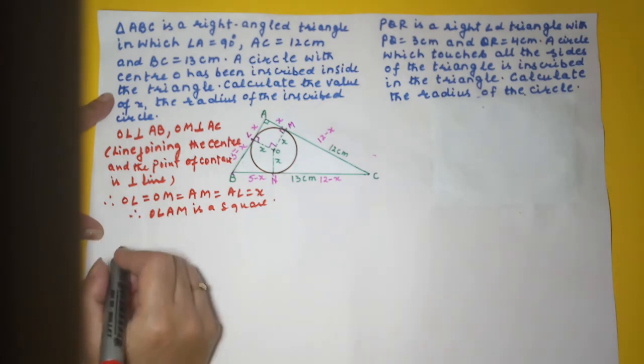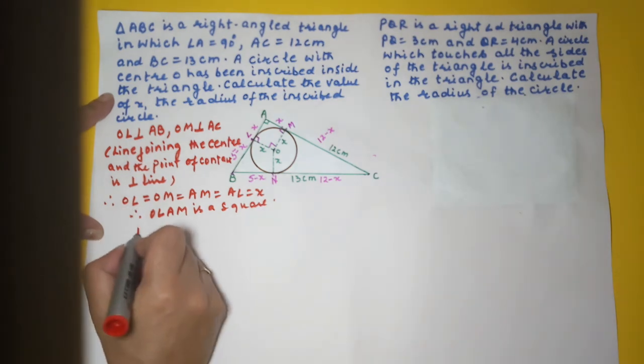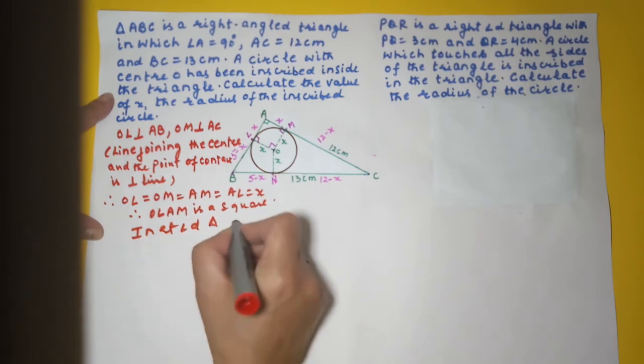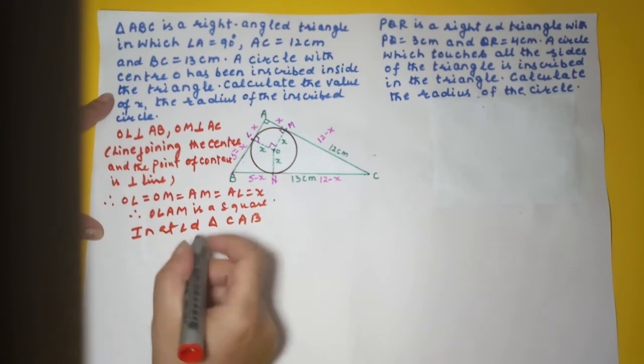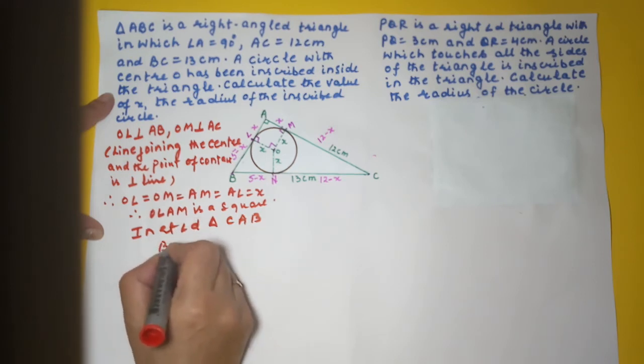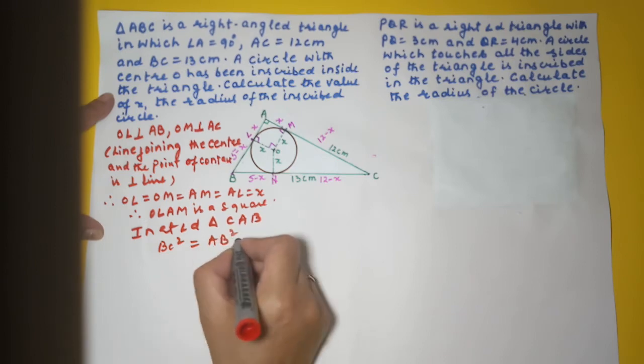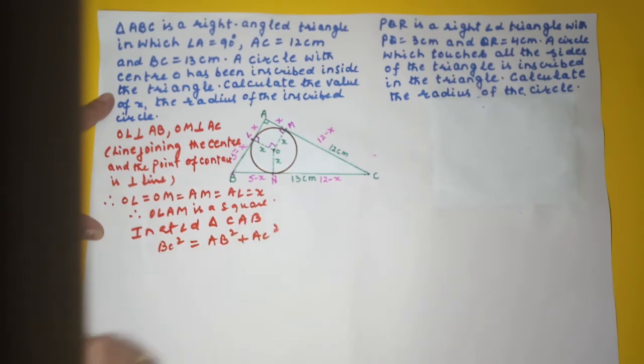Now in right angled triangle CAB, BC square is equal to AB square plus AC square.